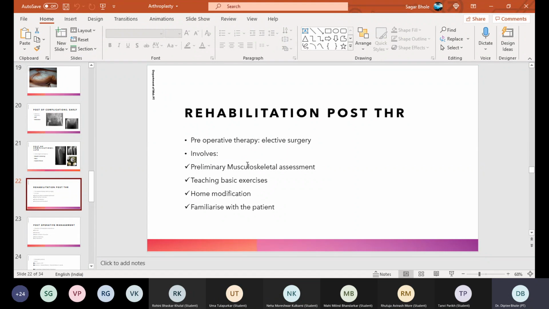So if there are thresholds, those may need to be removed for some patients, especially the older ones who are likely to use walkers for an extended period of time. Okay, it could be maneuvering the walker into the toilet area, which may not be permitted because of the width of the doors and so on.